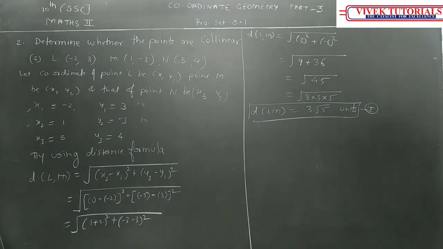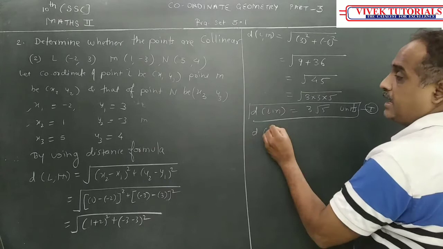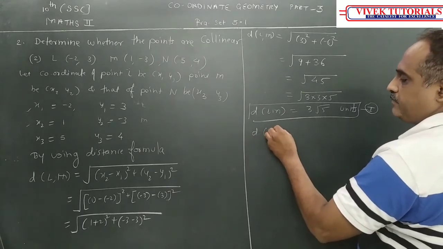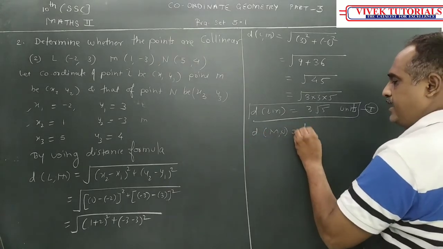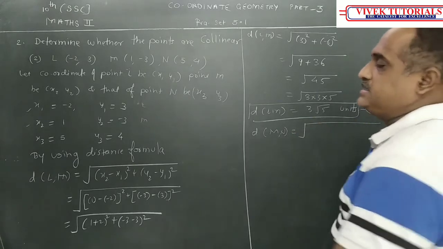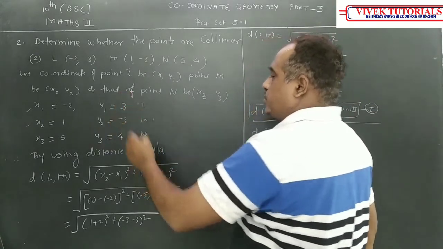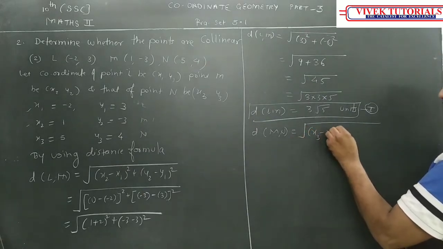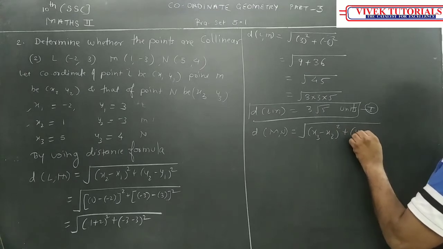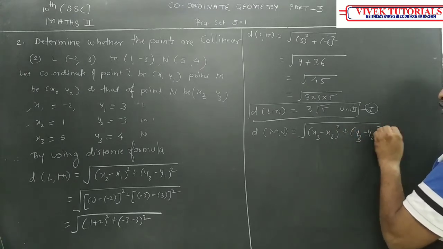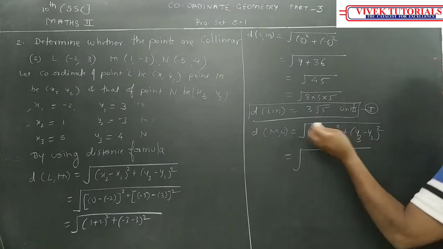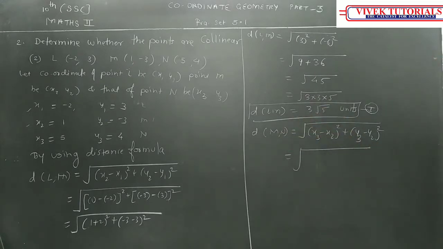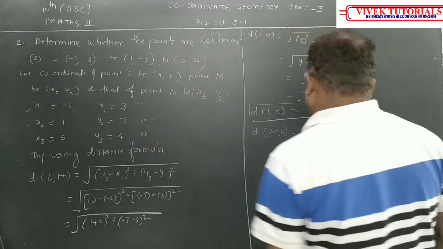After doing that, we are going to find out distance MN. MN is this part, so I will write x3 minus x2 the whole square and y3 minus y2 the whole square. That will be better. If everywhere you use x2, x1 only, then you may get confused. The better way is to write x3 minus x2, because you have taken x3 and x2.